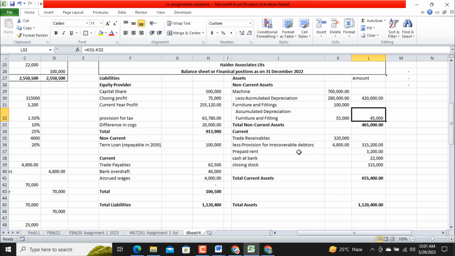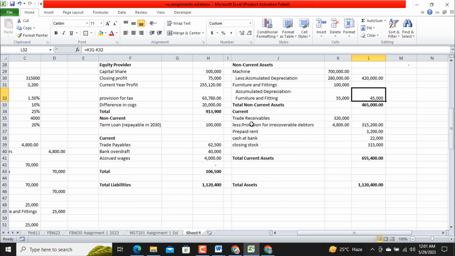Now come to the current assets. Trade receivables is equal to 320,000. Less provision for irrecoverable debtors is 4,800. So the net realizable value of receivables is 315,200. Prepaid rent 3,200. Cash at bank is 20,000.